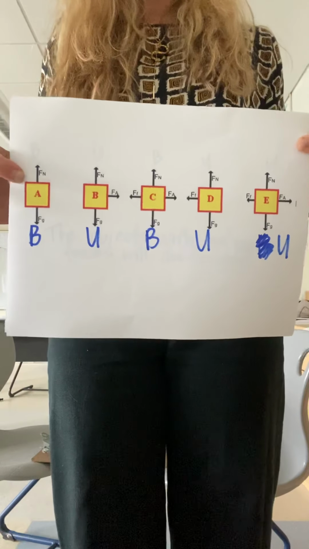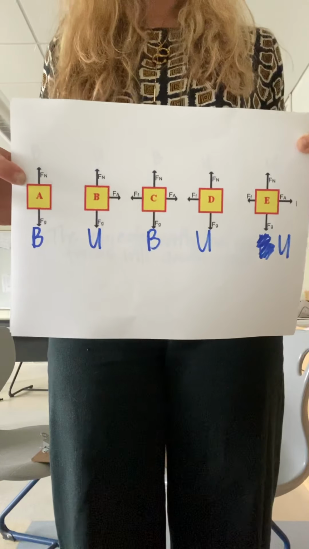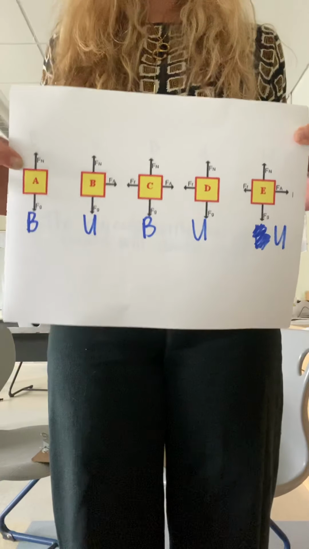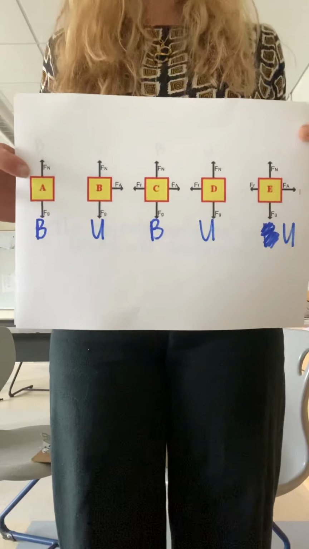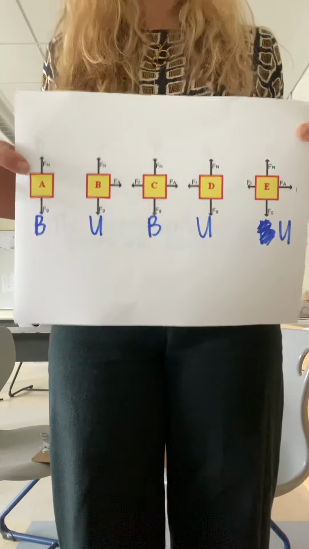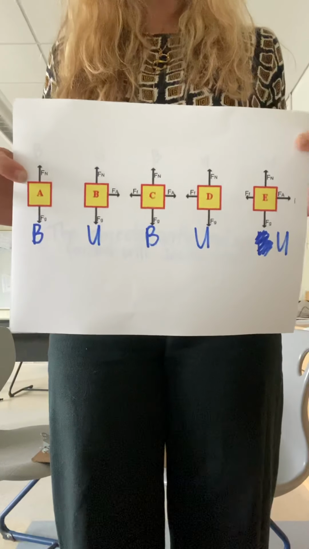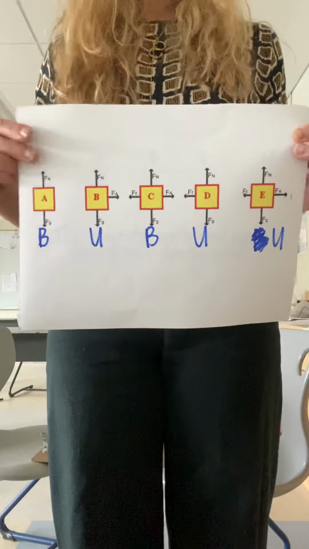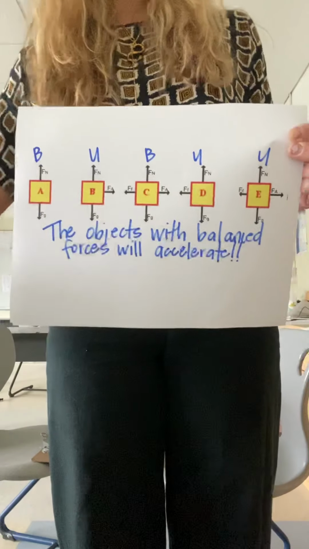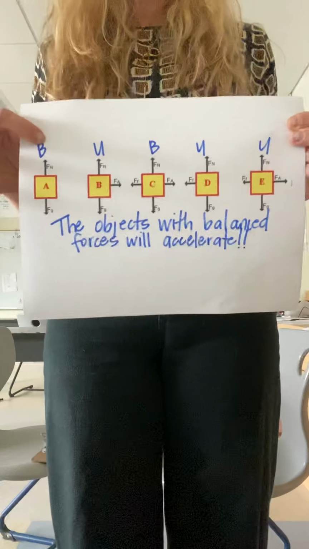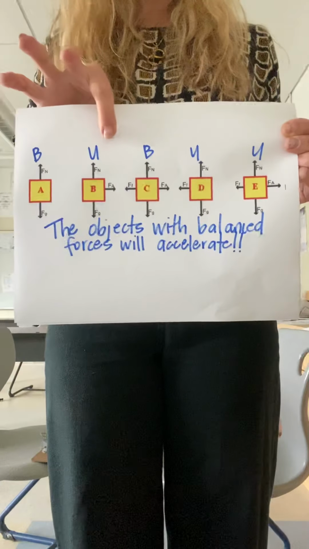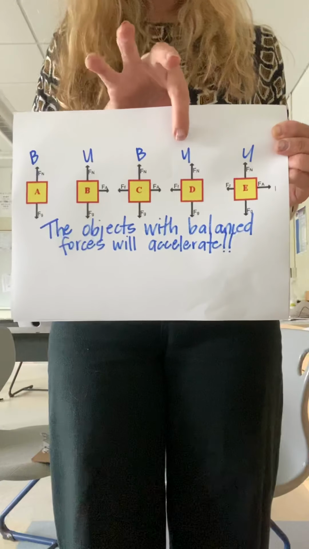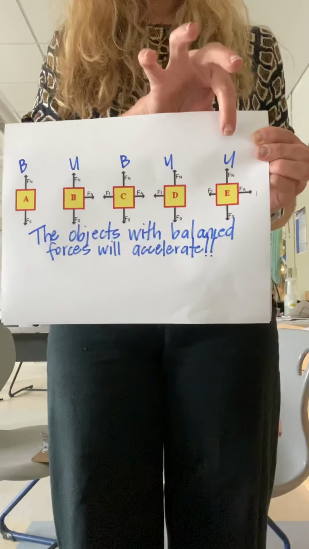Which one of these, A, B, C, D, or E, or more than one, would experience a change in motion? Or in other words, which one of these would accelerate? Hopefully you said all of the ones that were unbalanced. So B, D, and E, okay?